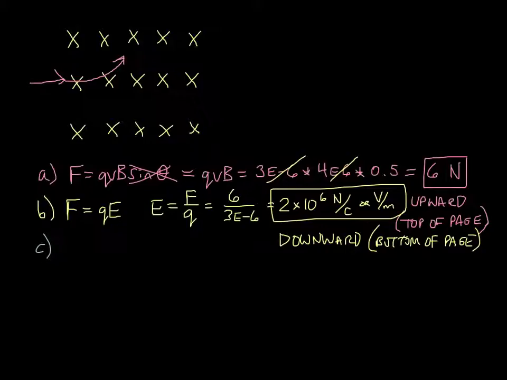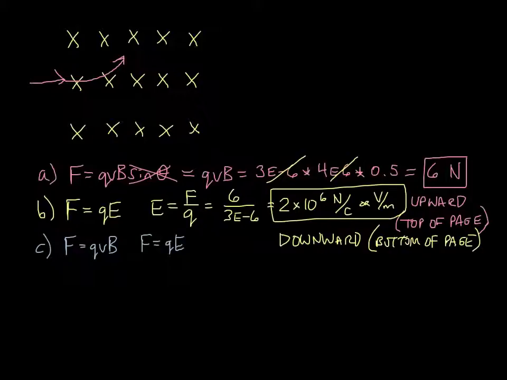For part C, if the particle entered the magnetic field at a faster speed, but the same electric field determined in part B were still applied, in which direction would be the initial force on this particle? So, changing the speed would only change the magnetic force, since the magnetic force is QVB sine theta, and the electric force is QE.